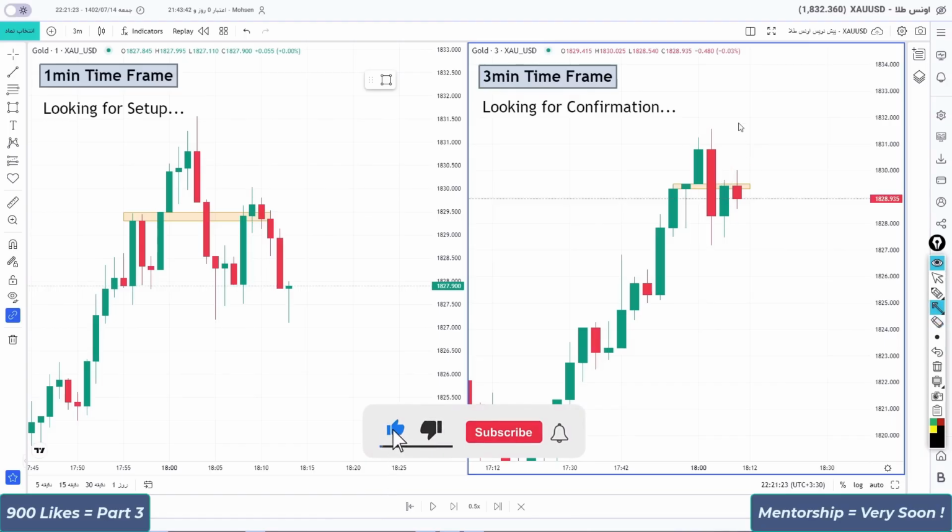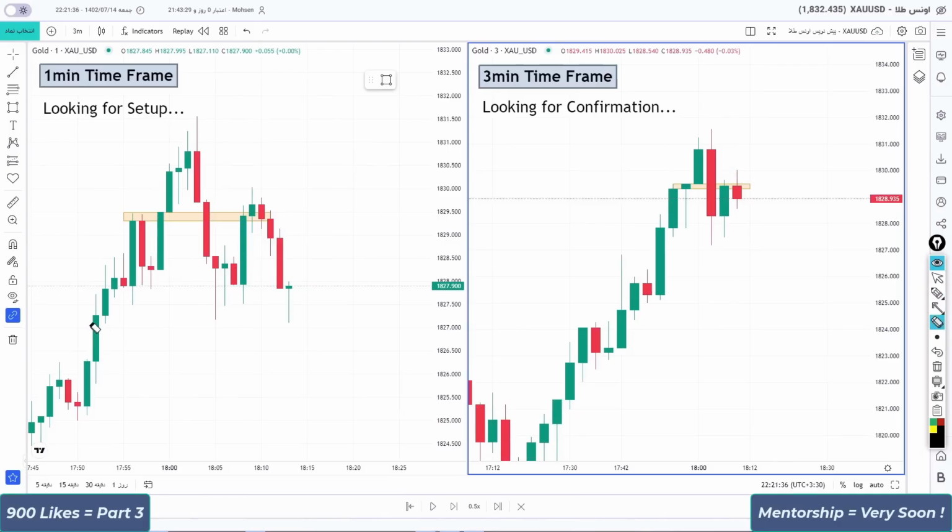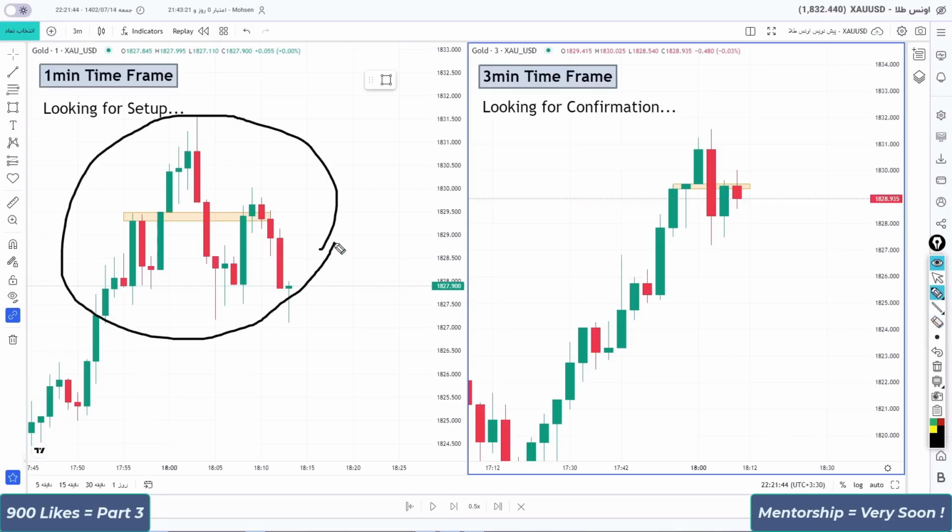Now, if we want to take an engulfing trade on this chart, and forget about this one, is this a takeable trade? Yes, it is. Is this the same trade as this QM level at the lower time frame? Yes, it is. So this QM right here is happening inside of this engulfing pattern. Is that clear?